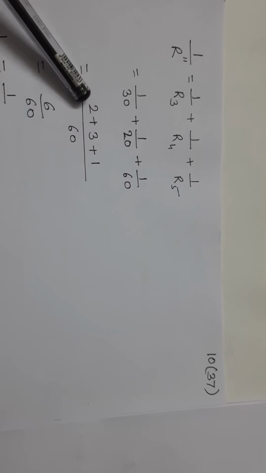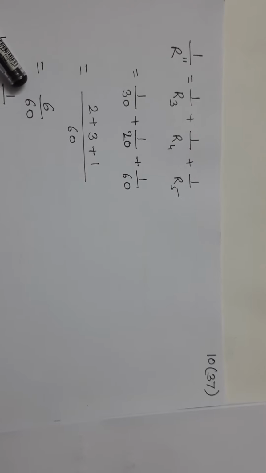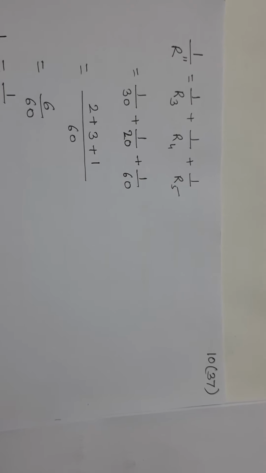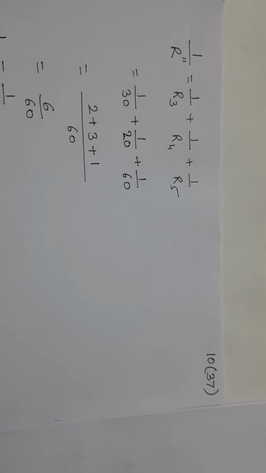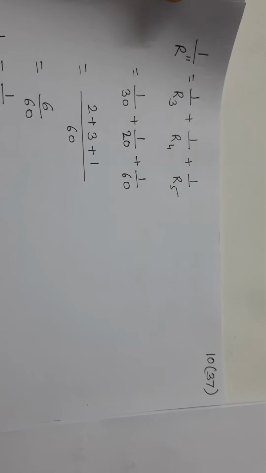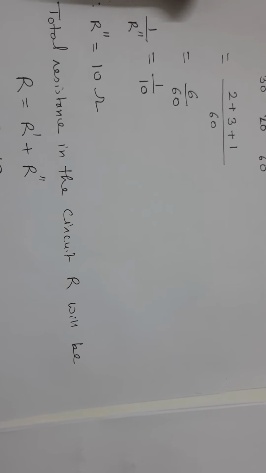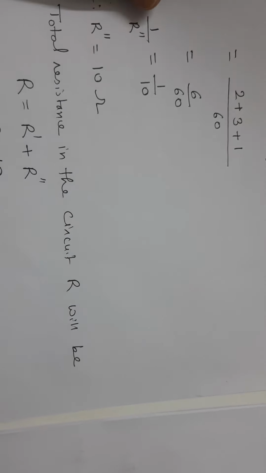So we have 2 plus 3 plus 1, and that is how we get 6 upon 60. 6 upon 60 will be 1 upon 10, and that is 1 upon R double dash. So we will be able to calculate R double dash as the inverse of 1 upon 10, that is 10 ohm.